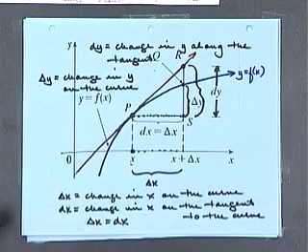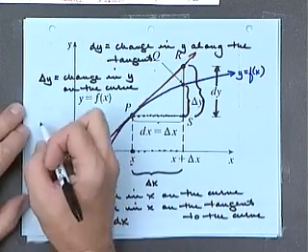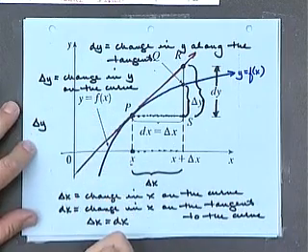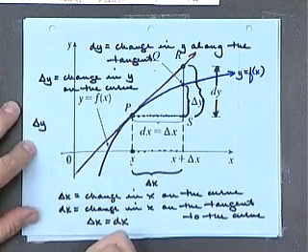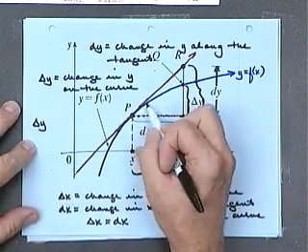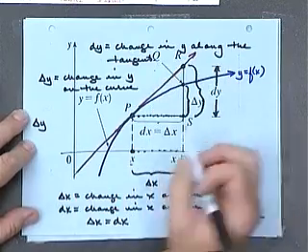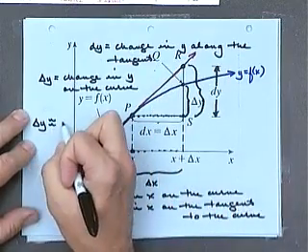So are they equal? They're not equal, but they should be approximately equal. So delta y, which is what we're actually searching for in this process, what is the change in y along the curve itself as we go from P to Q? It's approximately dy.